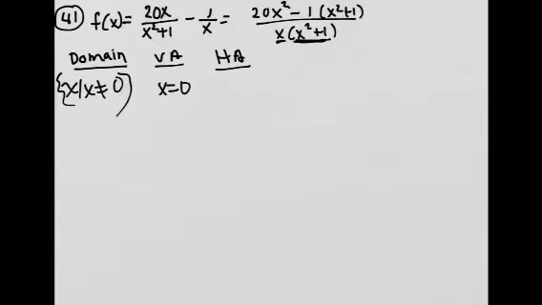This is bottom heavy, right, because the numerator has a power of 2, and the denominator is cubed, because right here this is going to be x cubed. And over here, after I distribute and combine like terms, I'm still going to have an x squared. So this is bottom heavy, so it's y equals 0.